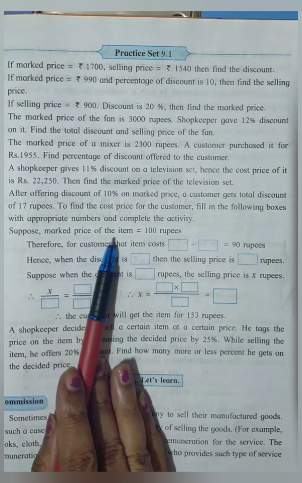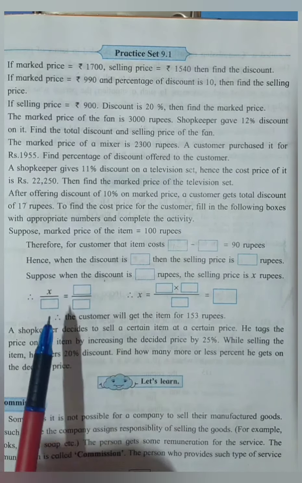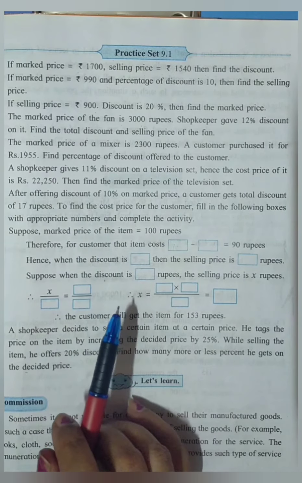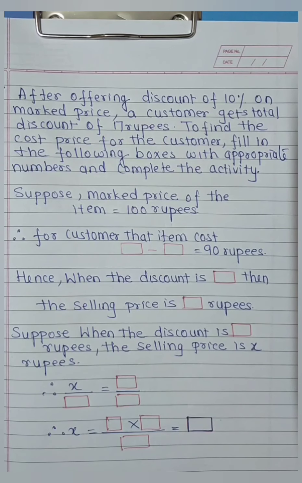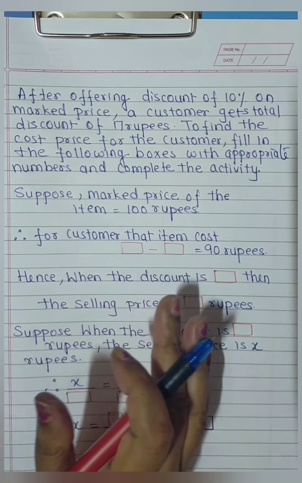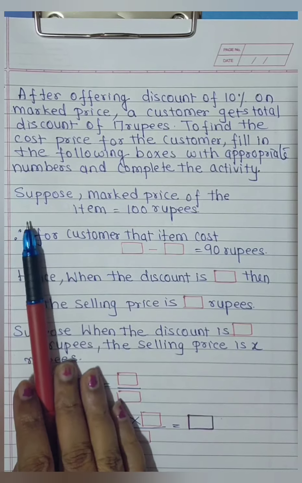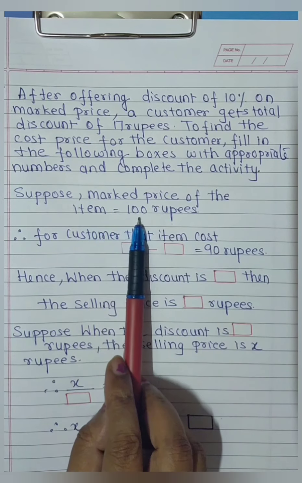Suppose market price of item is 100 rupees. So we are going to fill this with the given example. So we'll start with the solution. Now in question number 7, we have to fill the boxes with appropriate numbers and complete the activity. Suppose mark price of item is 100 rupees.